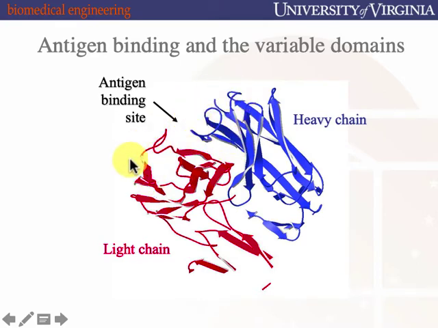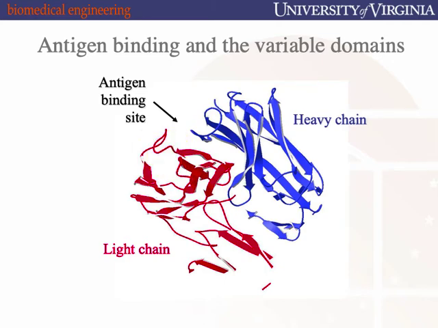There are 3 of these that canonically drive antigen specificity, CDRs 1, 2, and 3. You don't have to know this, but CDR3 is the one that drives the vast majority of specificity and binding to antigen. And so these are the unstructured and variable regions.